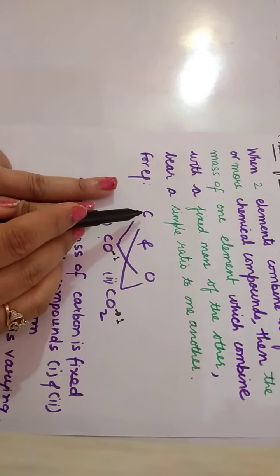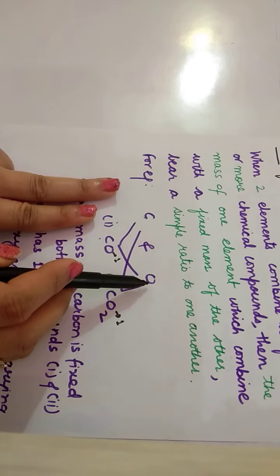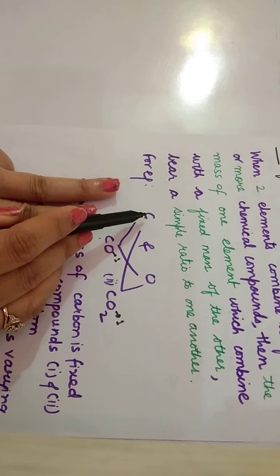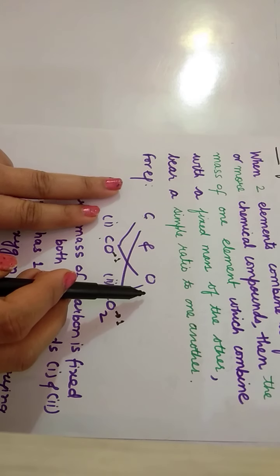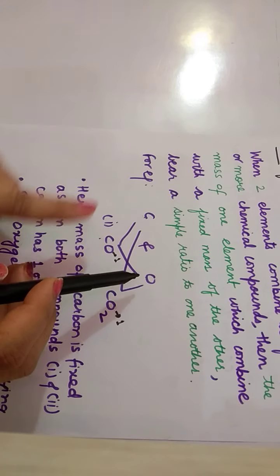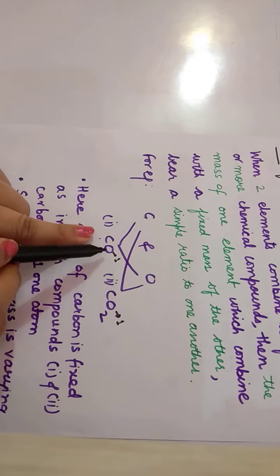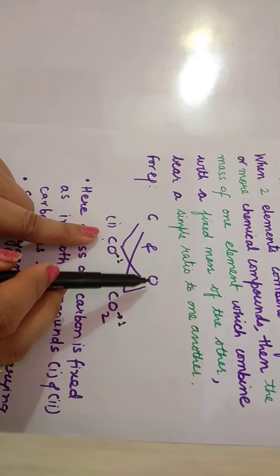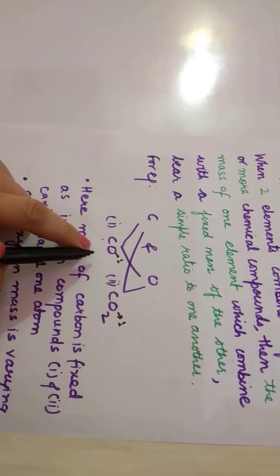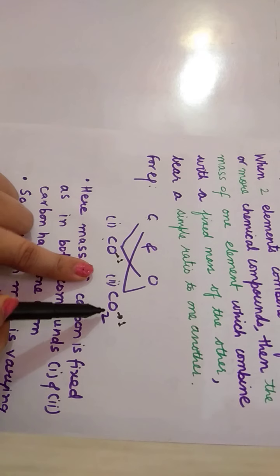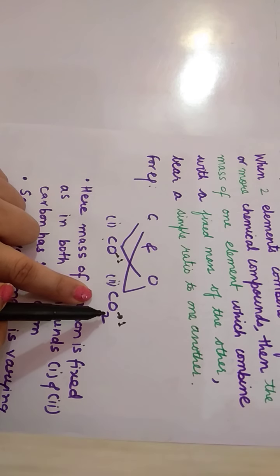Now here if we take two elements, carbon and oxygen, these are two different elements. Carbon and oxygen combine to form two different compounds. One is carbon monoxide and another is carbon dioxide.